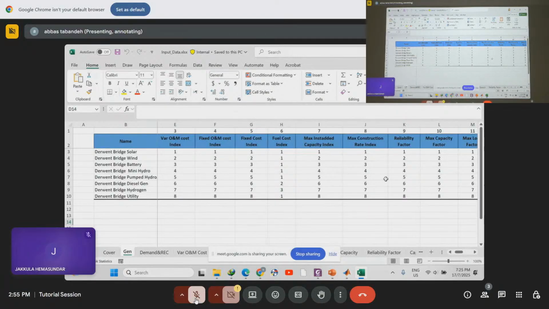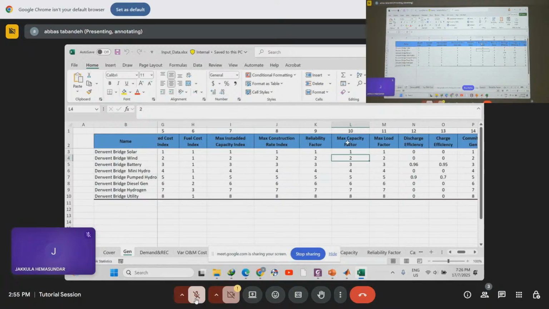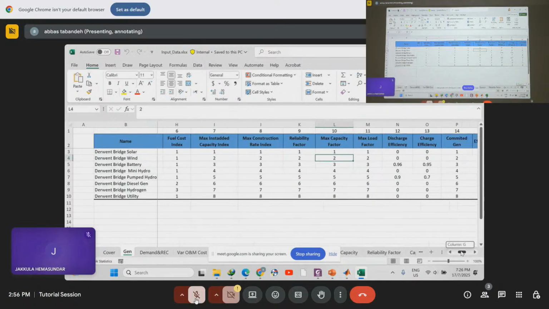So it will define this factor for them. And we have also maximum capacity factor for renewable technologies and generation, and load factoring, discharge efficiency. This is for storage systems, as you can see.